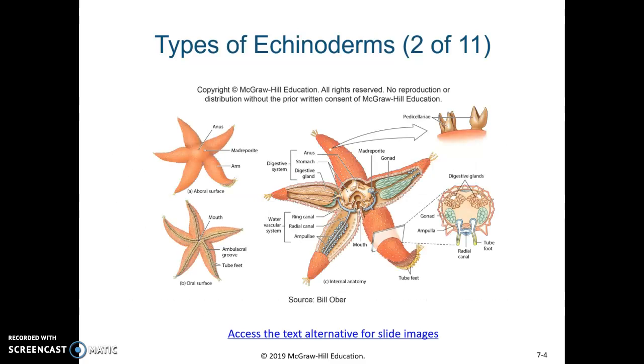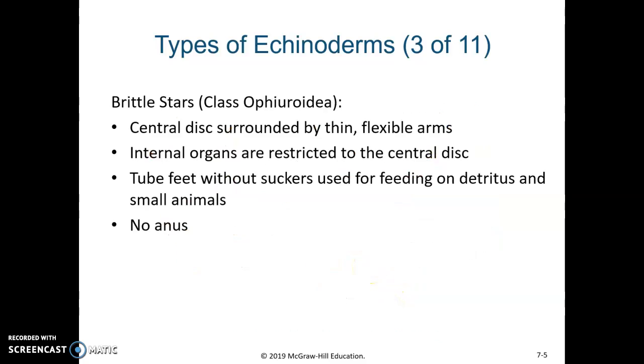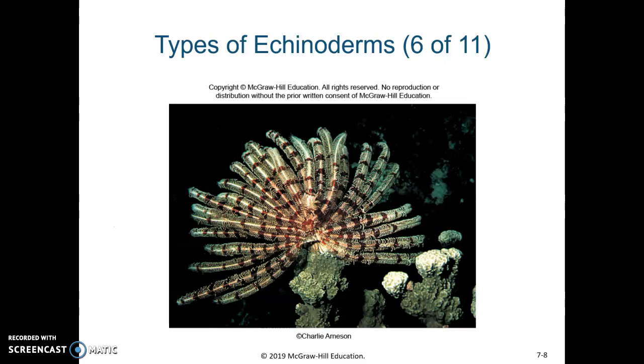And so echinoderms, you would recognize these. Let me just jump forward because these are going to be the starfish or sea stars as you're familiar with. And if you look at the sea star, you can see that there's some internal structures here that we're going to try to learn. And so we're working with this group right here, and that will include the sea stars. It's going to include feather stars.